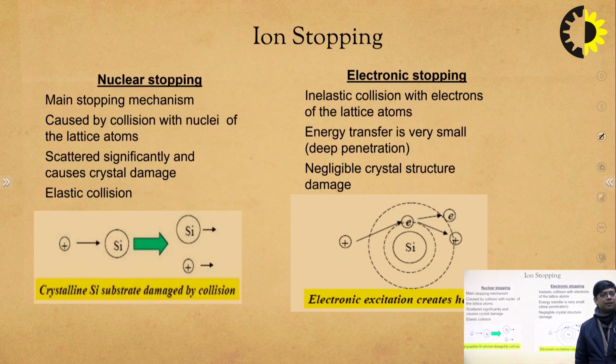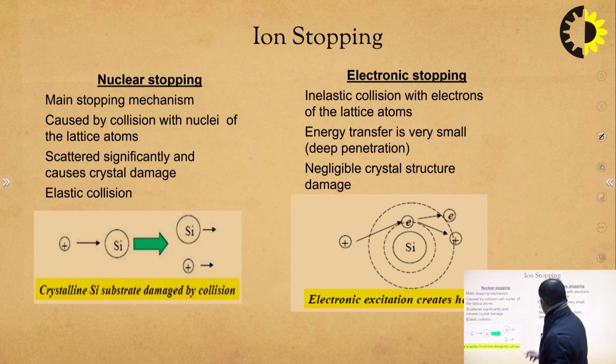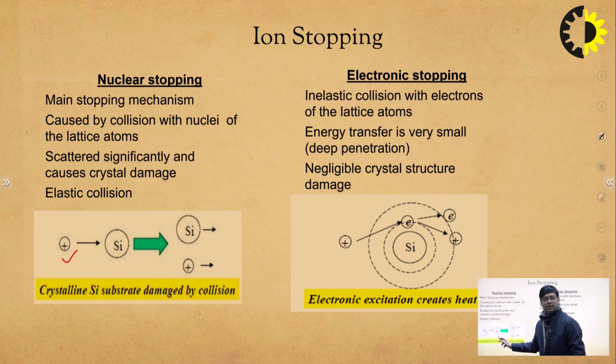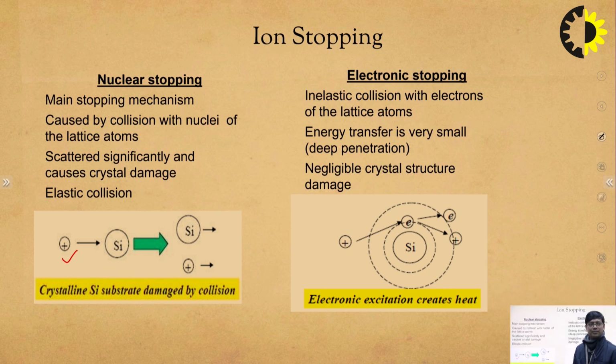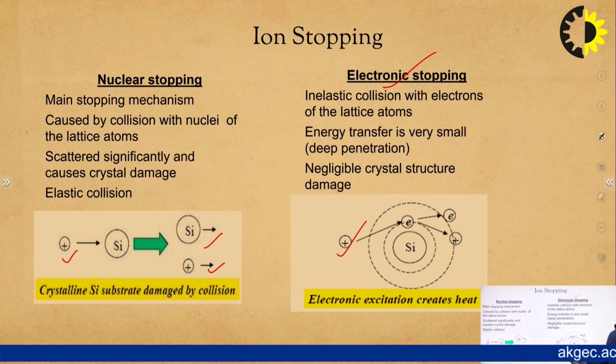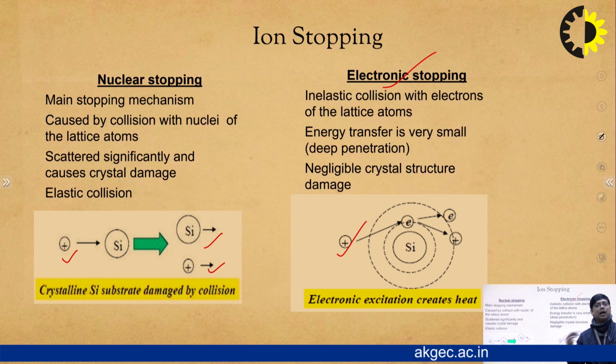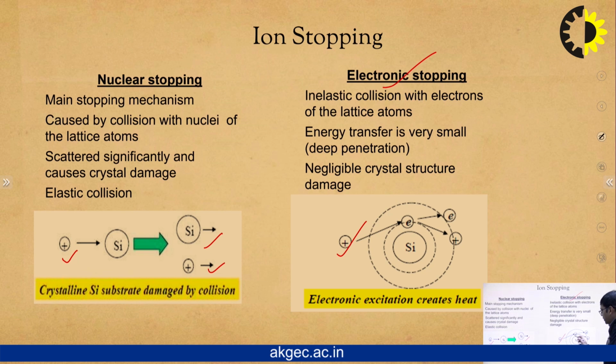Graphically, we can see that in the case of nuclear stopping, the dopant ions collide with the host silicon lattice atom and lose energy in the process. In electronic stopping, the ion passes through the outer shell of the atom, where the electrons present in the outer or valence shell need very small energy to come out and get free.